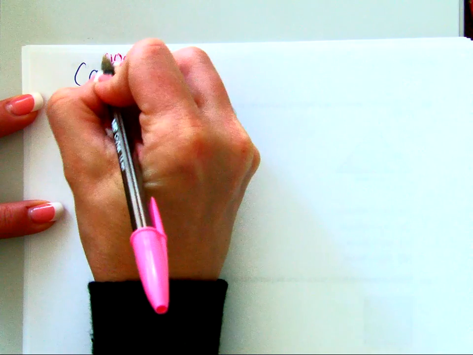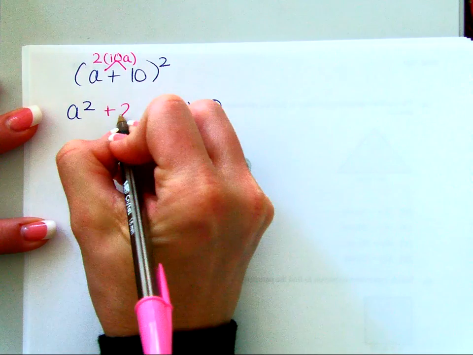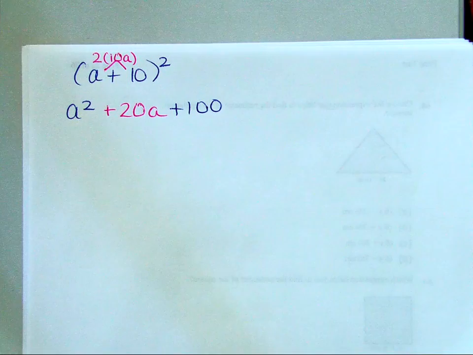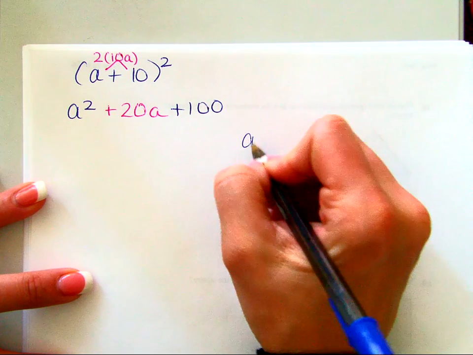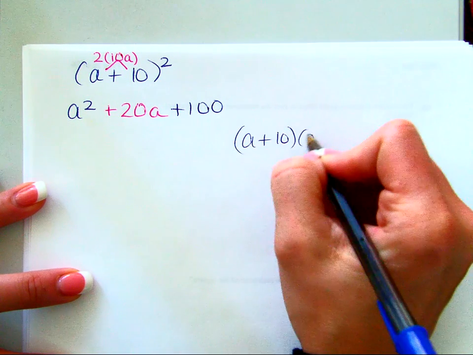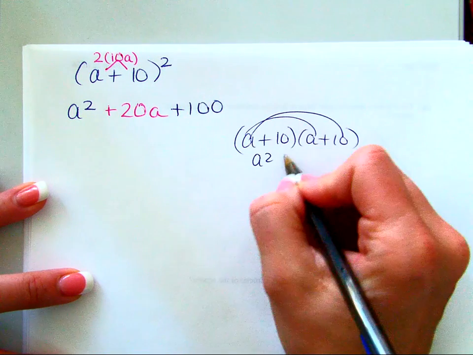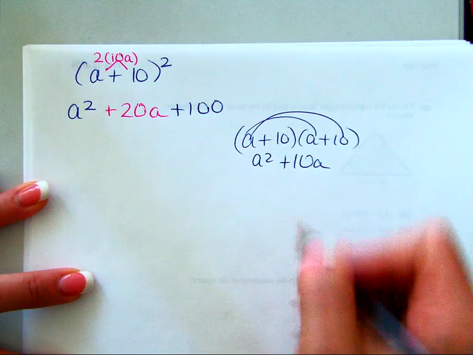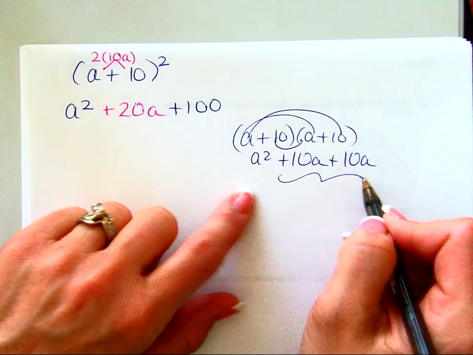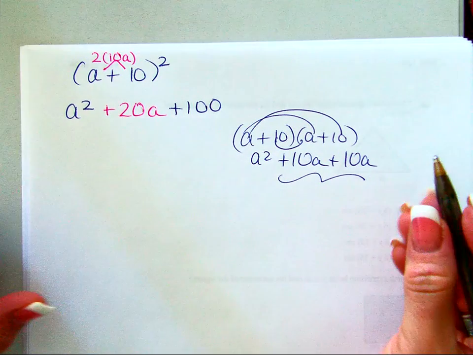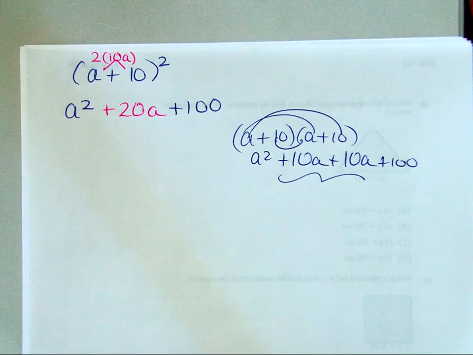So a times 10 is 10a, and if you got two of them, you have 20a. Because watch, here's a squared, here's my 10a, here's my other 10a, and that's where I get the 20a from. And here's my 100. Okay?